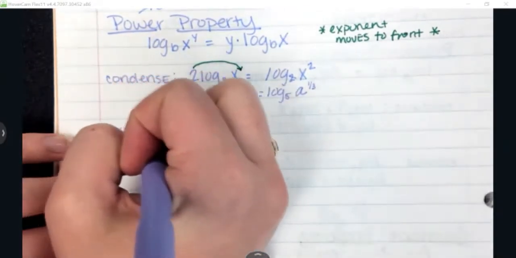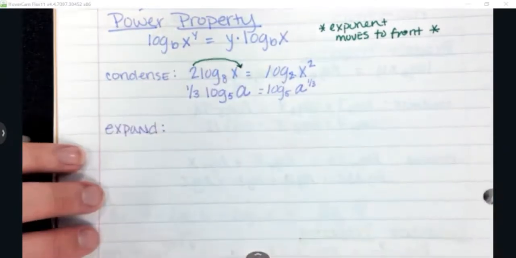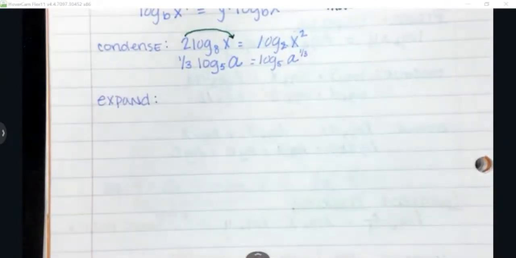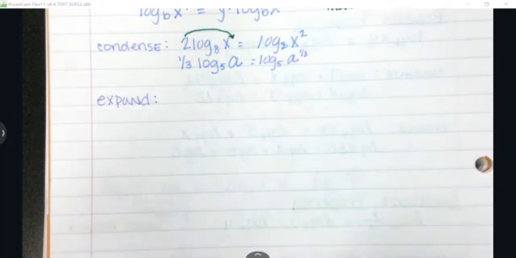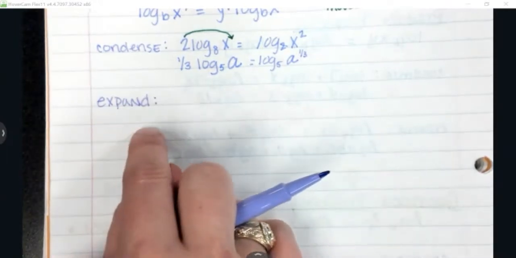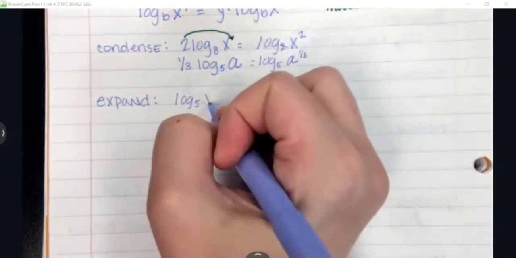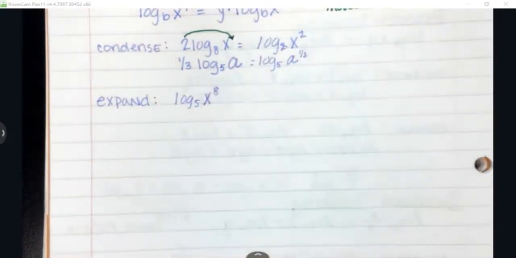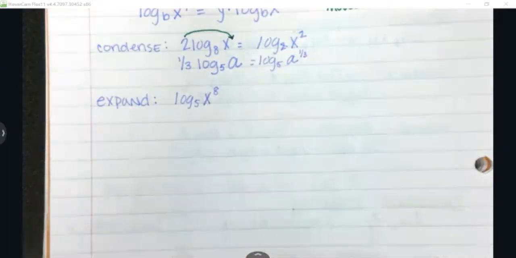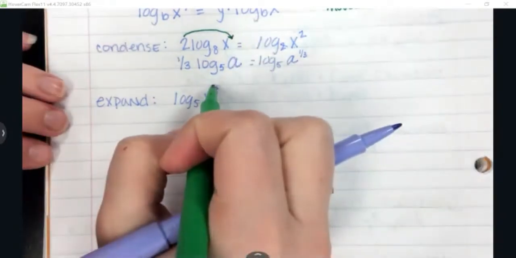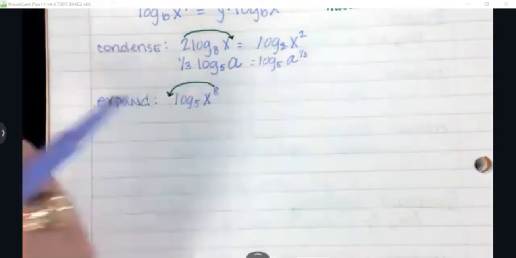So let's go backwards, and then I'll give you some that combine all the properties together. So if I expand, so if I give you log base 5 of x to the 8th, expand, I'm moving things, I'm making them longer or bigger. So this exponent now has to go to the front.